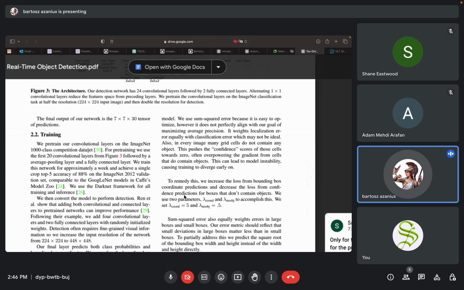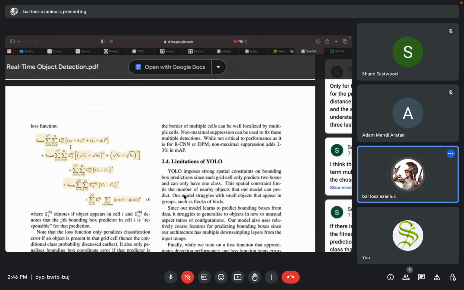So this is interesting, because here is the 1, and it's a 0 if there is no object. So it's basically only computing gradients on the S squares that have an object within them, because otherwise the value is 0, so there is no gradient in the other boxes.